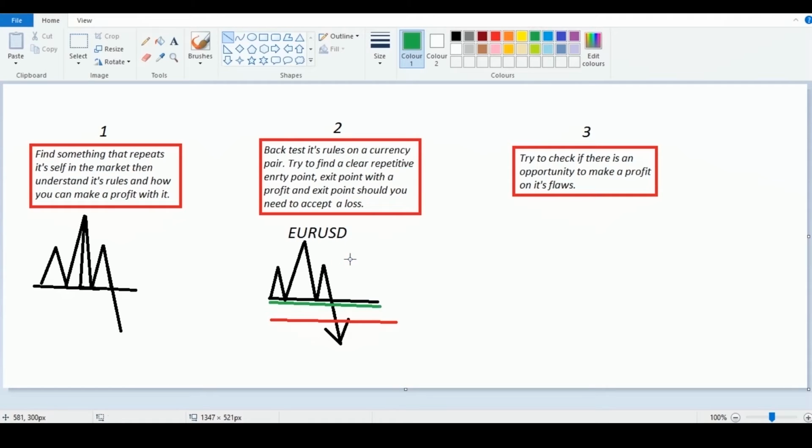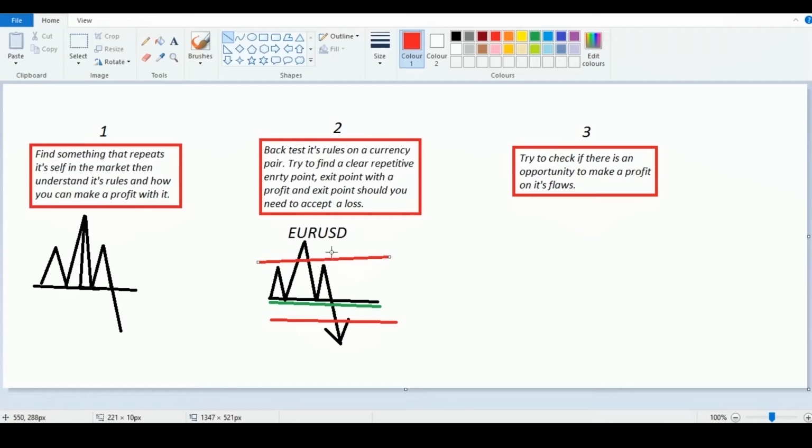Now, where is my clear exit point should I need to accept a loss? The minute it passes the head, for example, I know that this has failed. On some currency pairs, you might even find that the minute it passes the shoulder, you know that it has failed. But you only know this through back testing and checking how this pattern behaves on that currency pair.